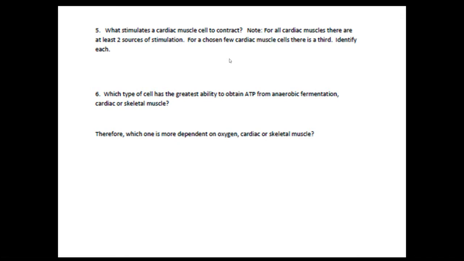Those intercalated discs allow sodium ions to move from one cell to the next. So one cardiac muscle cell can actually stimulate another cardiac muscle cell to contract. And third, some cardiac muscle cells have what's called pacemaker activity, where they can spontaneously open their sodium channels and contract. That is very different from skeletal muscle cells, where they have to be stimulated by a motor neuron.